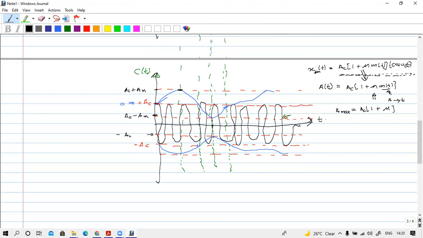Then this changes from mu to minus mu. If we consider this part, when m(t) is changing, the mu is also changing from mu to minus mu. So this is the maximum amplitude of the envelope.